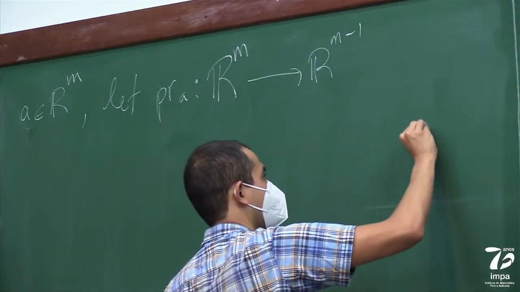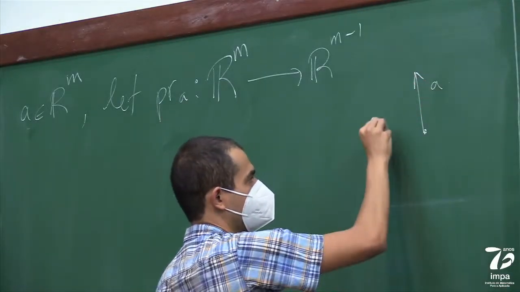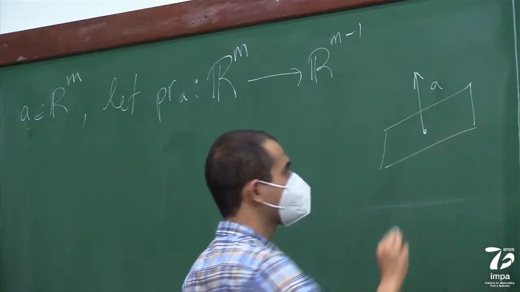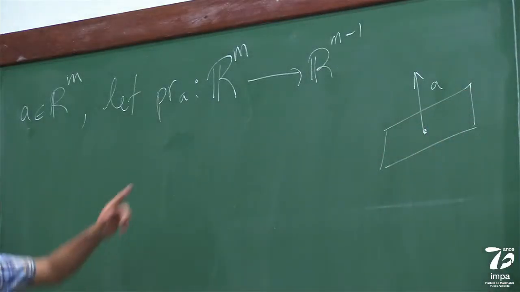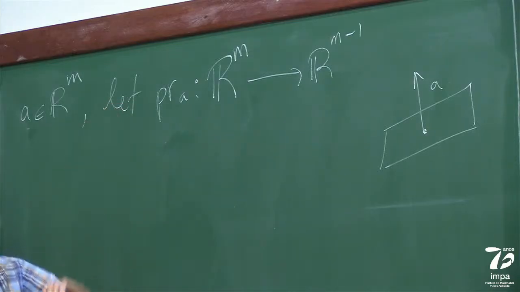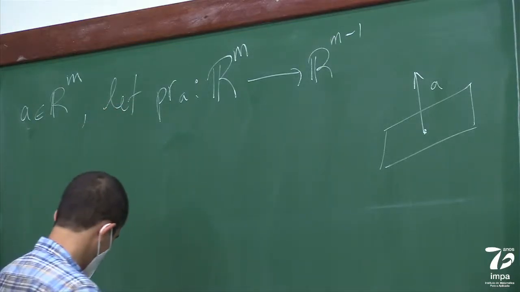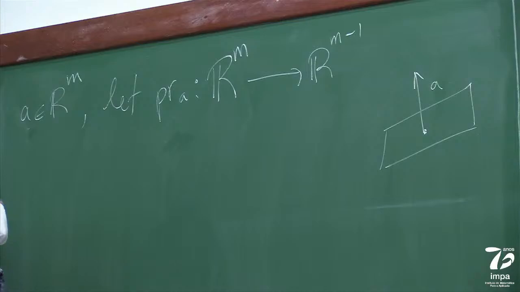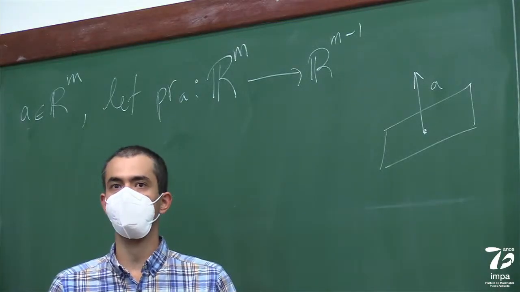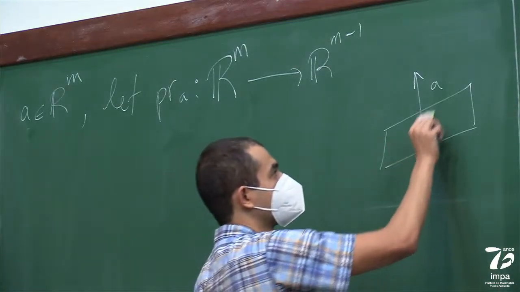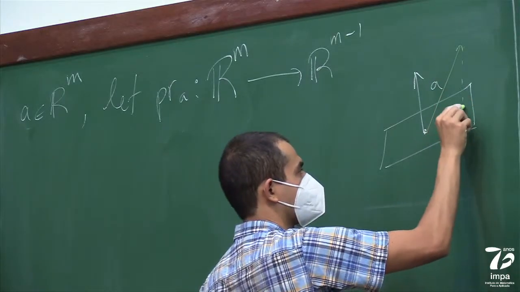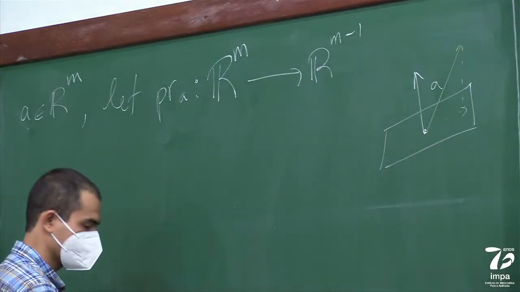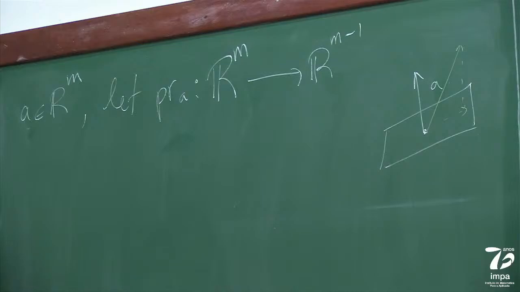If I take a vector A in Rm, this determines a projection from Rm to Rm minus 1 along A. I don't think I need to write down the linear algebra, but if anybody doesn't know what I mean, please say.